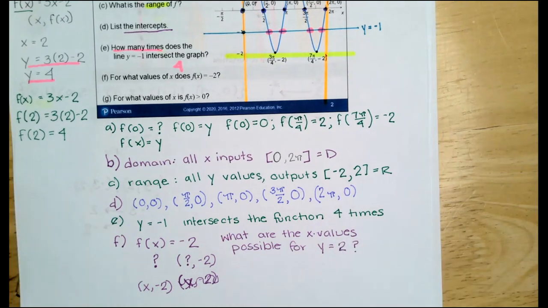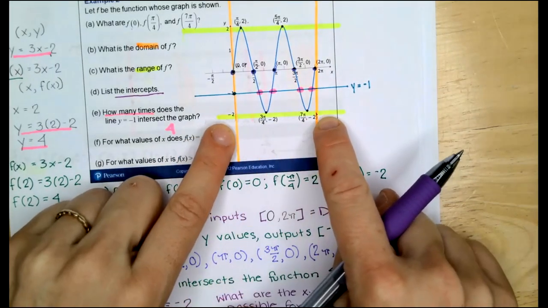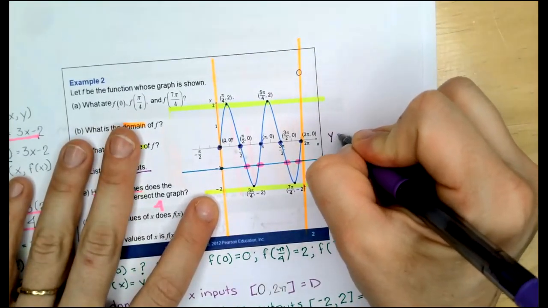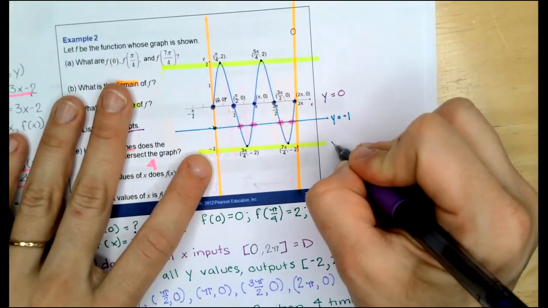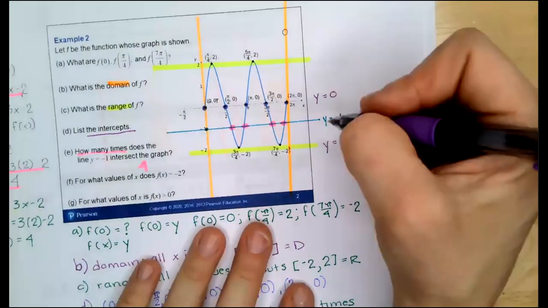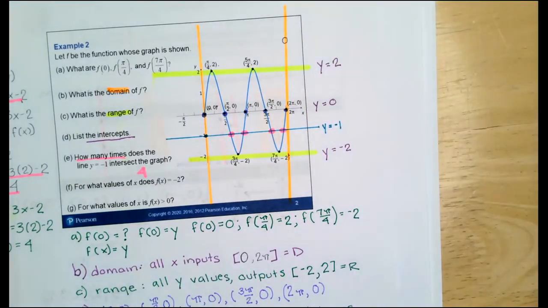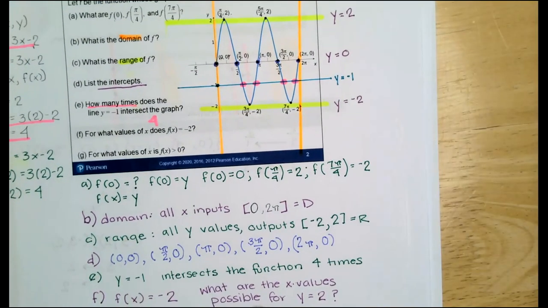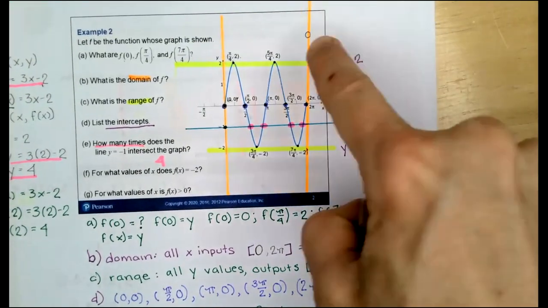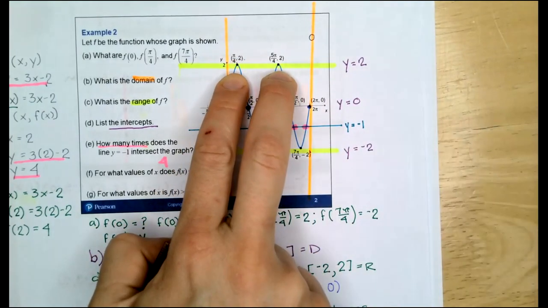Okay, so just like here we found the bottom of the range, here we found y equals negative 1. This is going to be y equals 0. The bottom of the range was y equals negative 2, right? Here's y equals 0. Here's y equals positive 2. And they want to know y equals 2. I don't know why I thought y equals 1. So it's already done. We drew a line there, and we can see our 2 points.